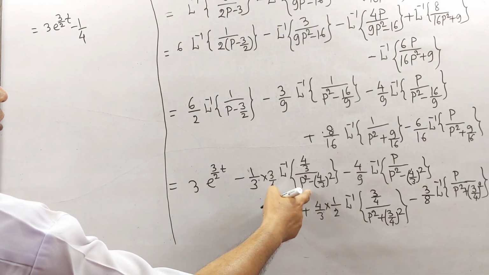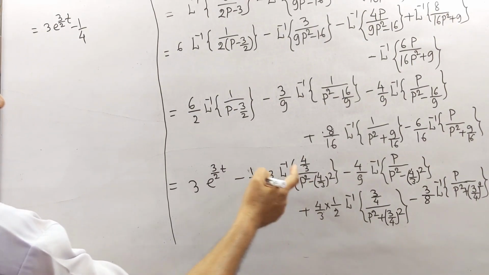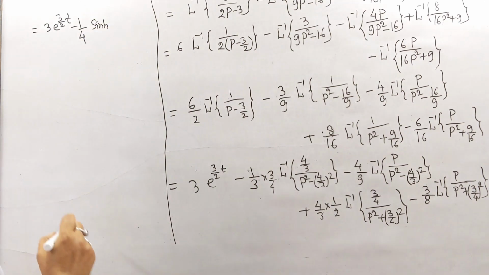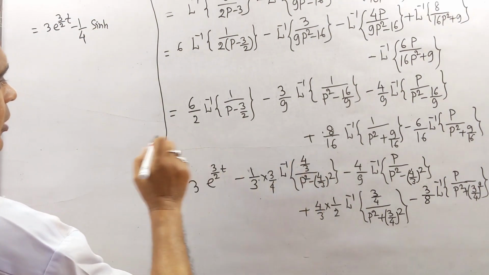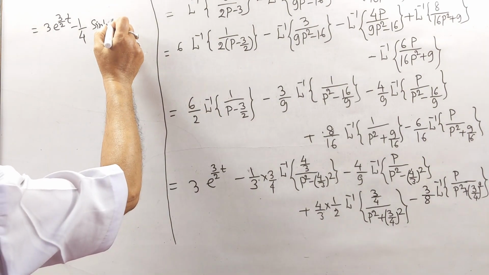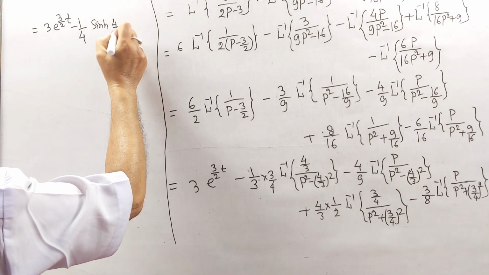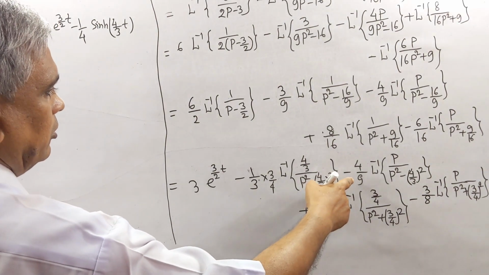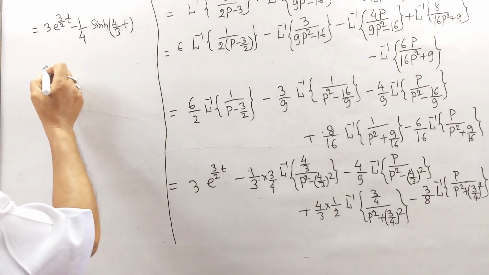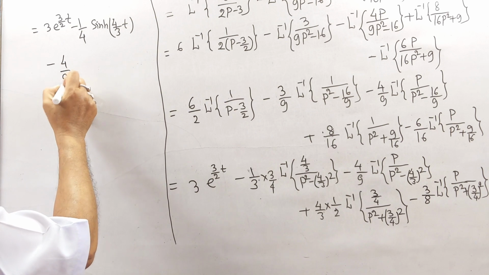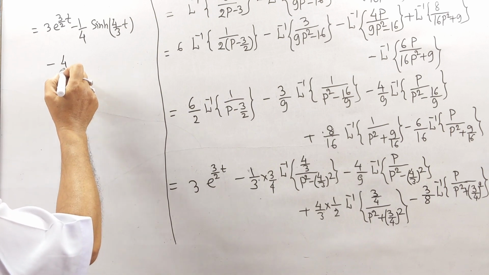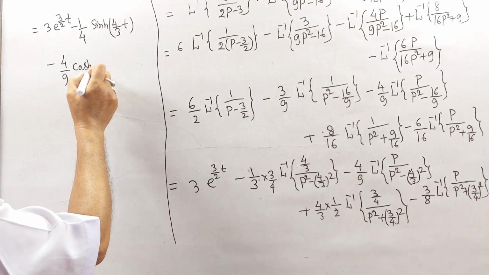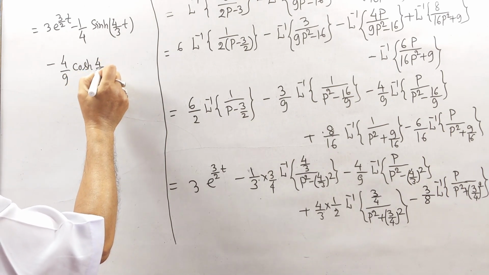This is sine hyperbolic 4 by 3t, this is 4 minus 4 by 9 cos hyperbolic 4 by 3t.